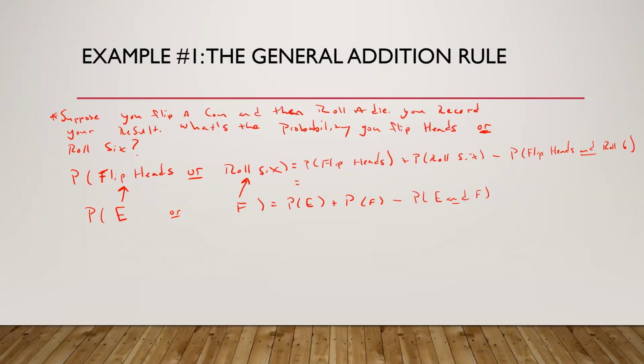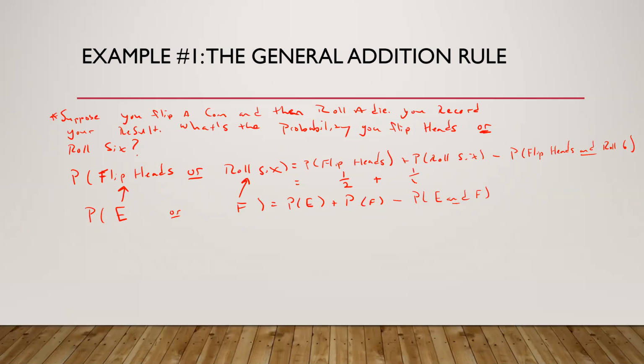So don't overthink this, okay? When you flip a coin, what's the probability you get heads when you flip a fair coin? Yep, it's 1/2. Plus, what's the probability you roll a 6 on a 6-sided die?